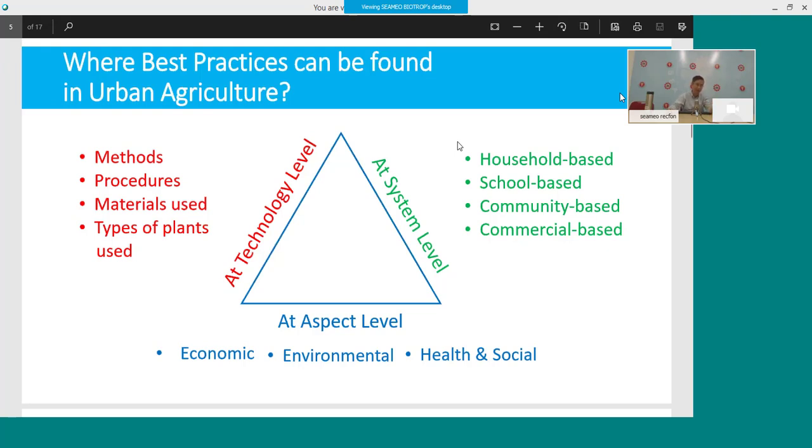So that's the economic aspect of it. So like, what is the best practice when we cultivate vegetables and also we sell them? We sell them by direct selling, or they use online marketing, or they use a combination of direct selling and online selling. It depends on how you decide on that.